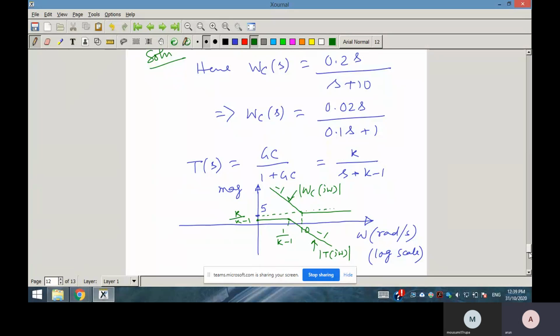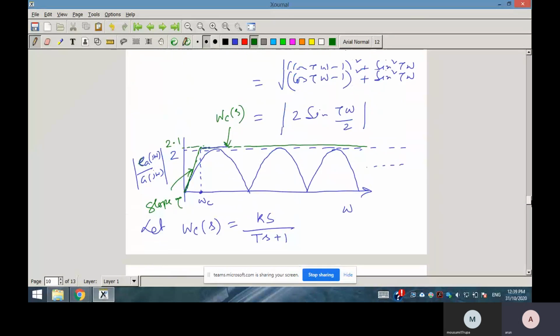But this is not a synthesis process. This is a post-checking kind of process. Synthesis you can also do, but for that you have to use H infinity and those methods, and the H infinity controller design method is taught in a robust control class.